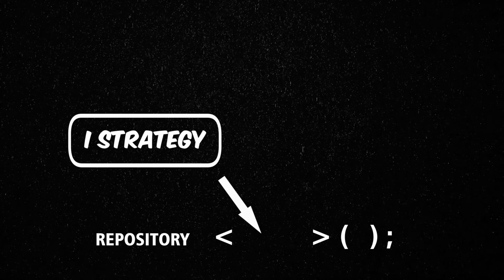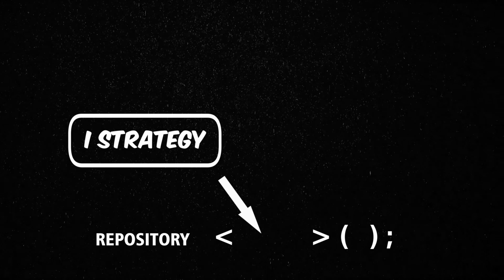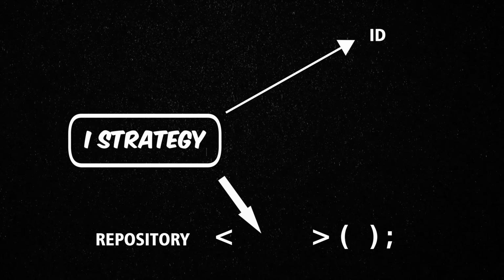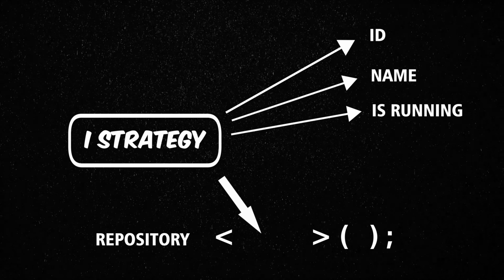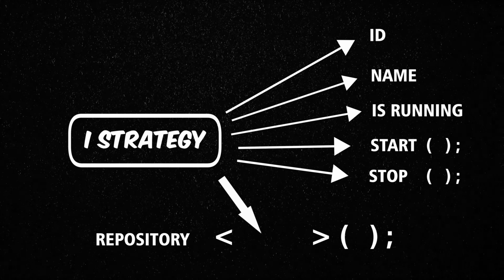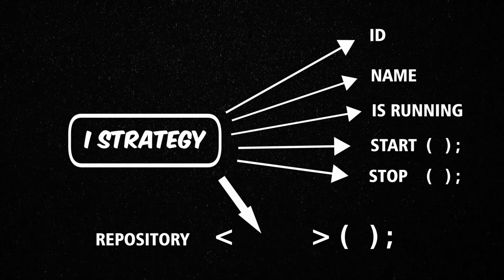So it's pretty much the same as with the interface for connection to brokers and exchanges. Each strategy should have, of course, an ID, a name, a bool flag to define whether the strategy is running or not, and, of course, start and stop functions to switch this flag.